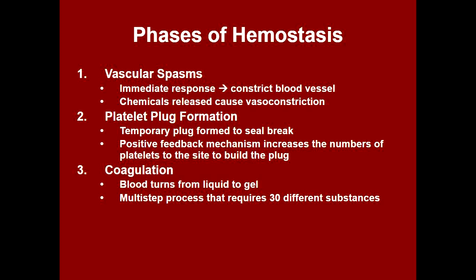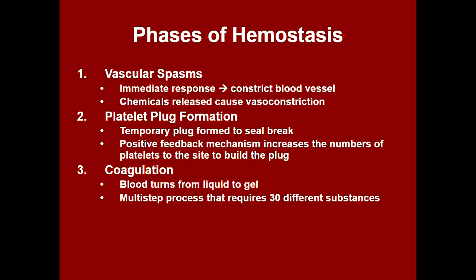If you remember back to the very beginning in Unit 1, I told you that we have negative feedback, which is where we move in the opposite direction of the stimulus. And then we have positive feedback where we move in the same direction as that stimulus. So this is a positive feedback mechanism, but when it starts, it's actually negative.